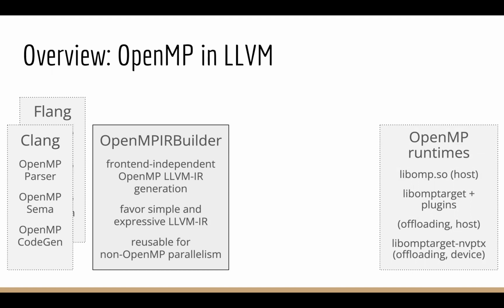They are responsible for offloading support, but they're also host runtimes. And then there are the device-specific runtimes. Those are the ones that we embed into the device code of the application to provide the OpenMP support on, let's say, a GPU. So there is one for each architecture, basically, potentially also for the sub-architectures.